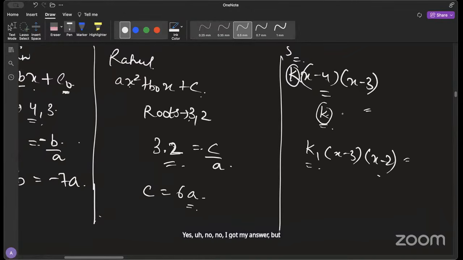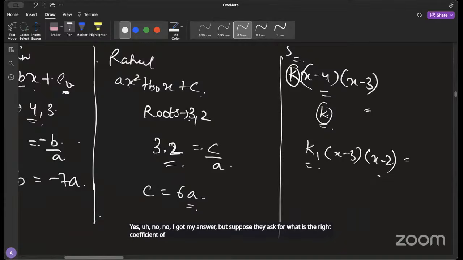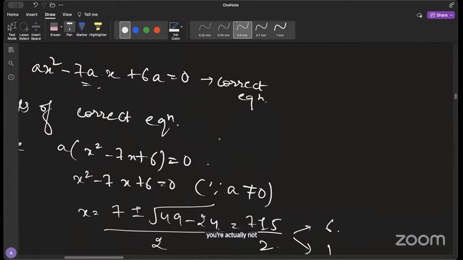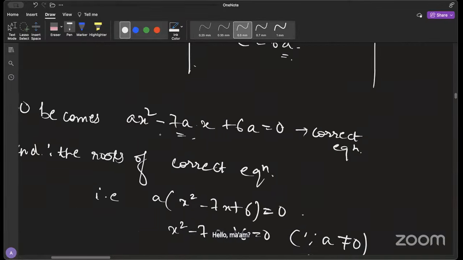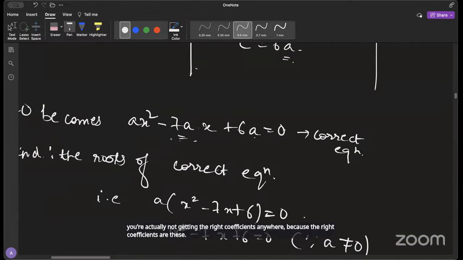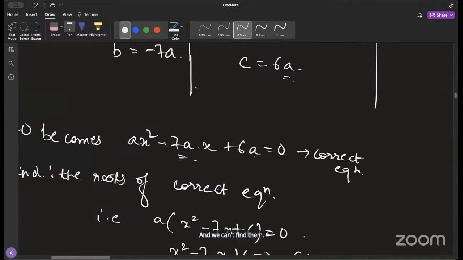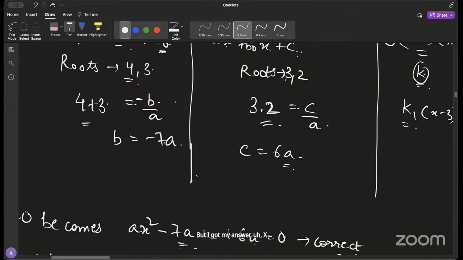But suppose they ask for what is the right coefficient of x and something like that. You're actually not getting the right coefficients anyway, because the right coefficients are these, and we can't find them, right? But I got my answer, x square minus 7x plus 6.